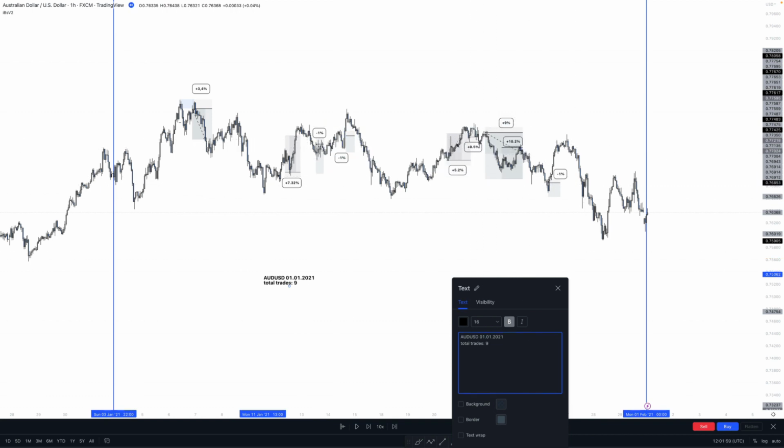Total trades 9. Then you're going to write how many winners you had. 1 winner, second, 2, 3, 4, 5, 6. Six total win trades. Total losing trades.